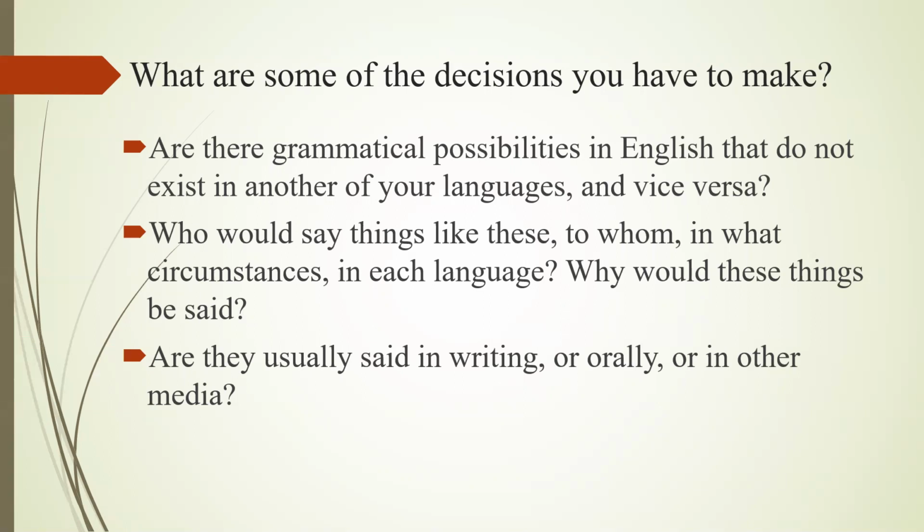But we can make those changes only if the language that we are using is spoken language. So we need to know the context of the utterance, whether we have the grammatical possibilities in the language that we are translating it into, and is this written language or spoken language? Without knowing this, translation is impossible.